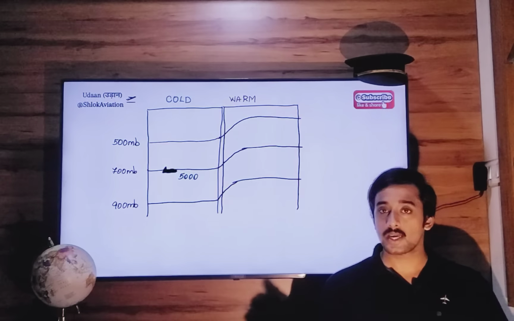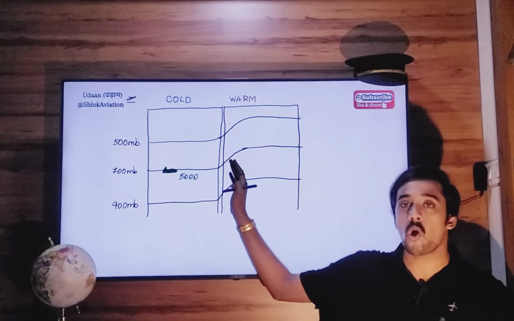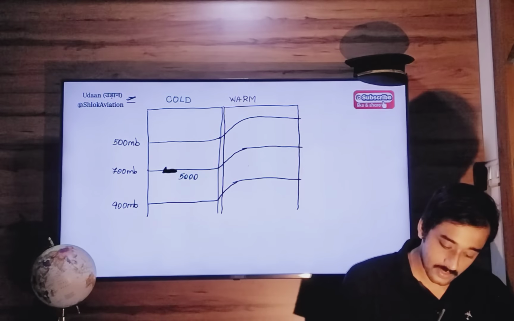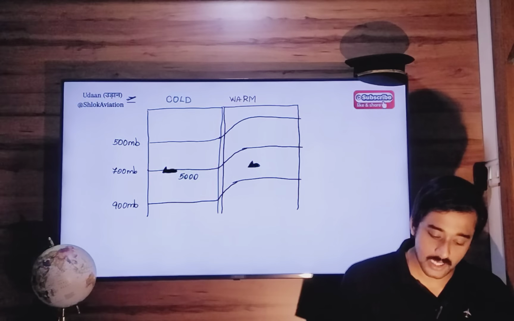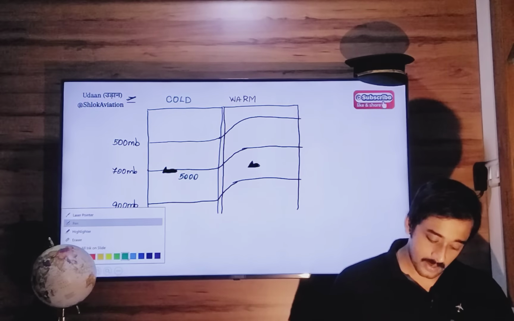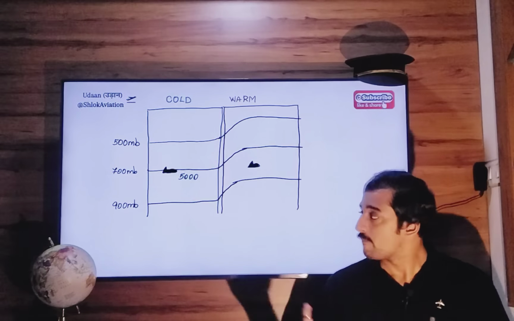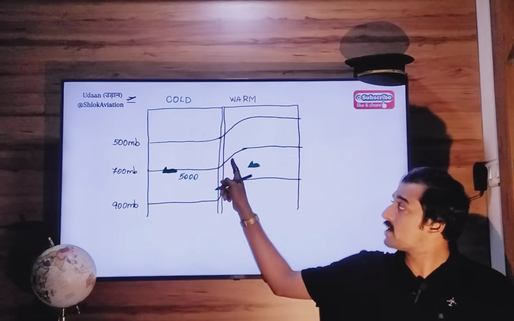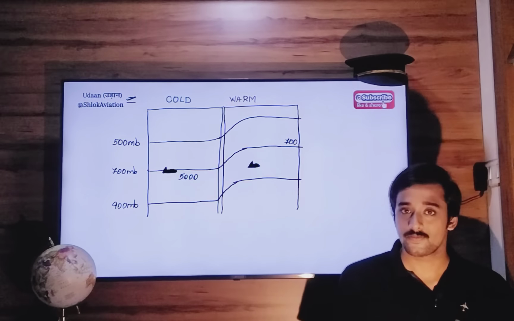Now you continue flying straight and level, and you will enter this warm air mass. When you enter this warm air mass, what will happen? You will be flying along a completely different pressure level, because the 700 millibar pressure level here is equal to the 700 millibar pressure level somewhere a little bit higher.